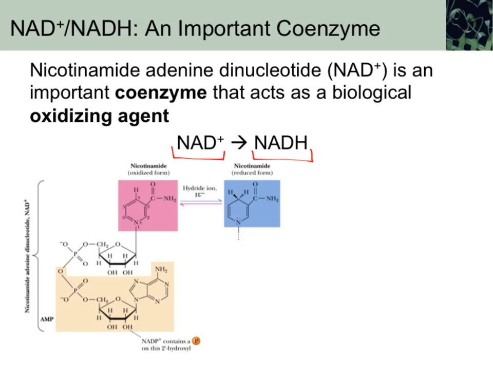So let's show the electrons coming from that hydride and going towards that carbon. How many bonds would that carbon now have? 5. Can it have 5 bonds? No. So what happens? We break the weakest bond. Our weakest bond in this case is the pi bond. Where do we move those electrons of the pi bond?